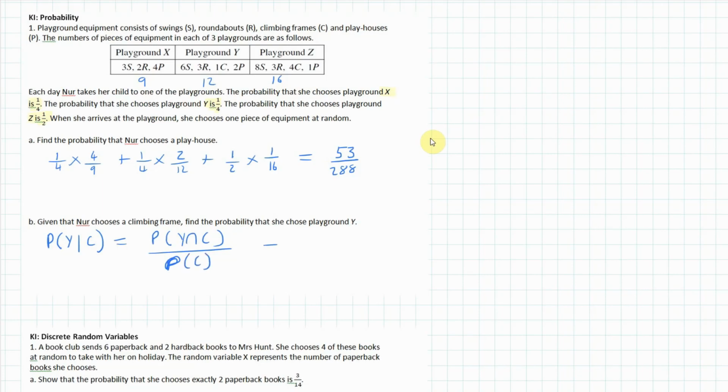Now, the probability of Y and C, or intersection Y, C, is a 1/4 chance multiplied by C is 1/12 in Y, over, now we've got to add up all of the chances of getting C. Well, you can't get C in X, so that's 0, and then you've got the 1/4 times 1/12, which is playground Y, and then playground Z is a 1/2 chance to get it, and then the climbing frames are 4/16.